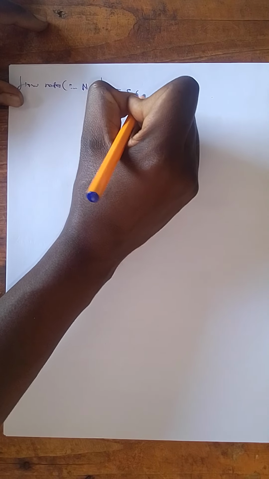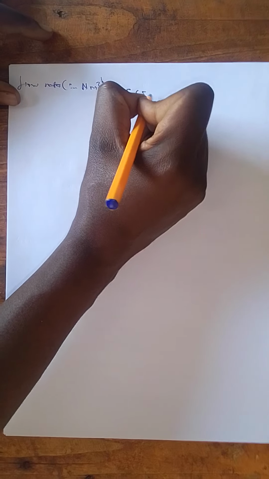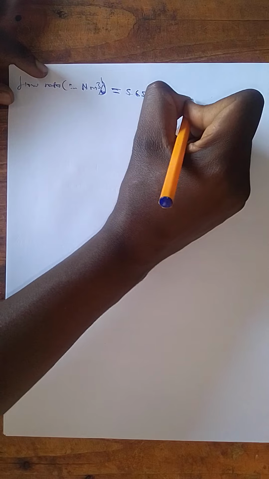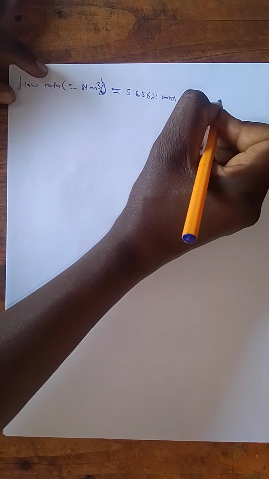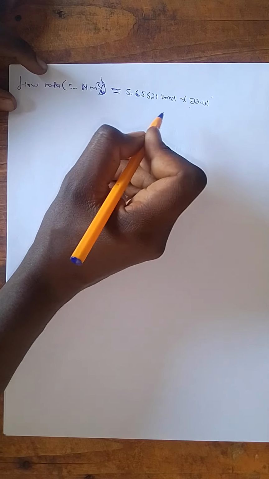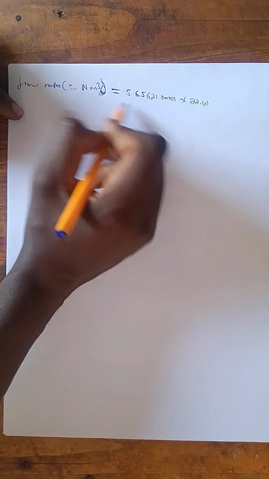So we can just say 5.65621 kilomole multiplied by 22.41. 22.41 can either be liters per mole or meters cubed per kilomole, or whatever constant there might be. But as long as we know that the constant is 22.41, we can always adjust the units depending on the flow rate we have.